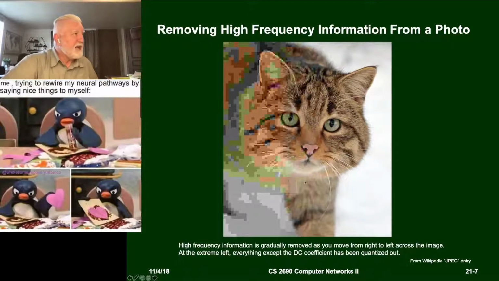And there's the cat. This is a nice picture from the Wikipedia JPEG entry of high resolution. As you zoom in, and I can't zoom in right now with this, you see the pixelation, and it's pretty obvious, right?